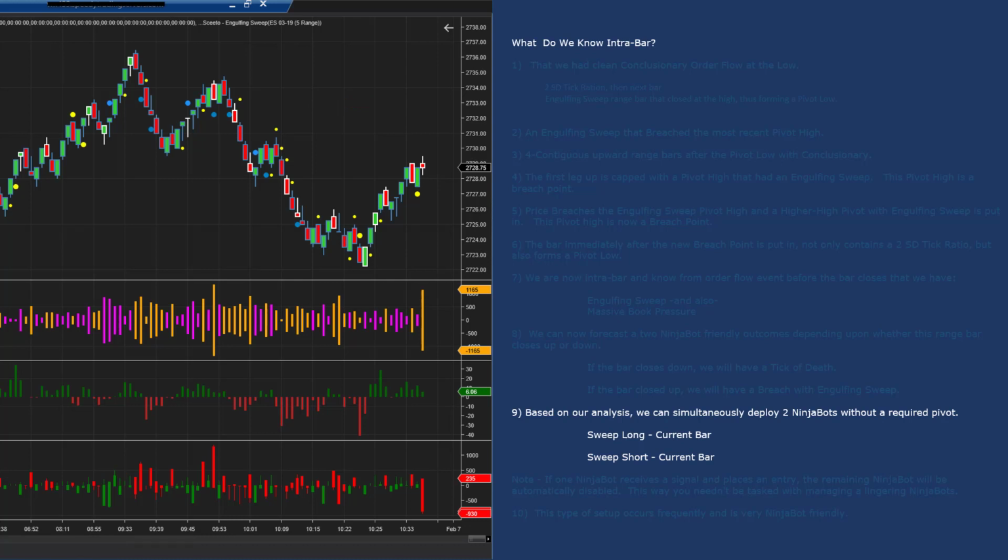Based on this assumption, we can actually deploy 2 bots simultaneously, both a long bot and a short bot. What's really nice about this is that the rules within the bots are such that if you have a long and a short bot on, and one triggers, it'll automatically turn the other bot off, so you don't have any lingering bots to manage.